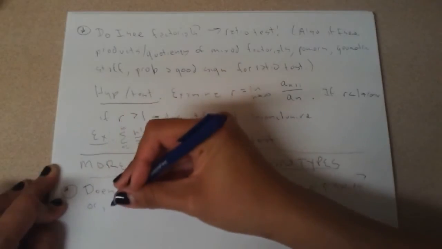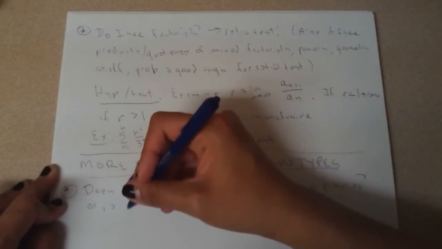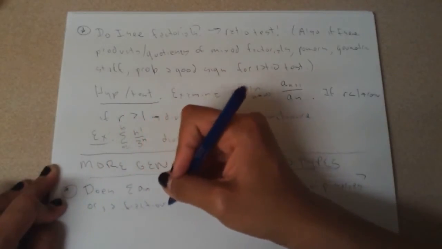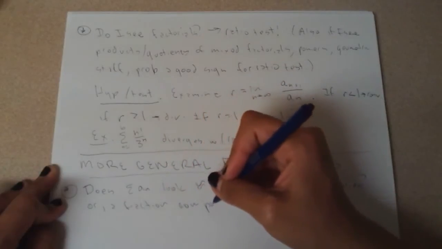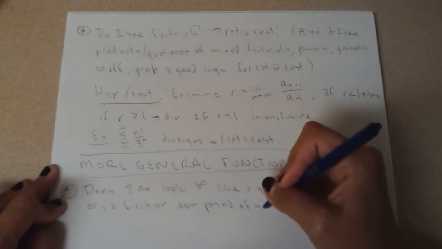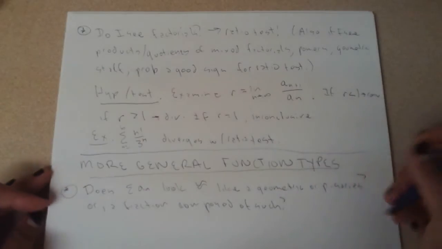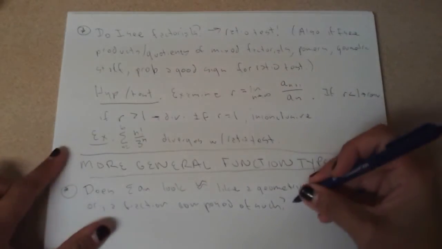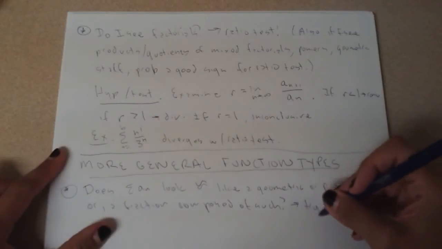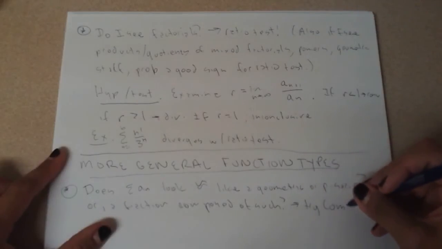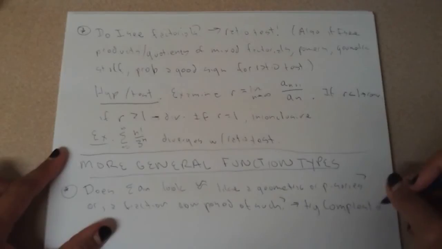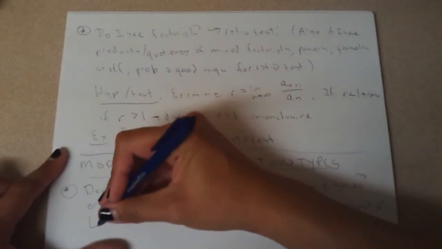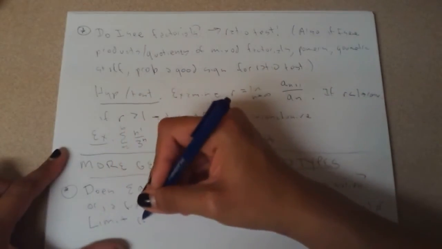Or maybe a fraction composed of such, so things like rational functions. In a case like this, you probably want to try your comparison test or your limit comparison test.